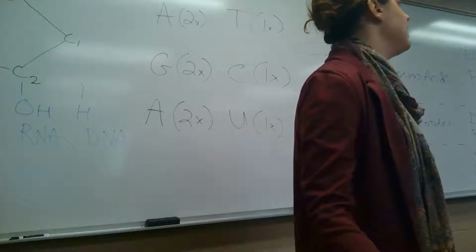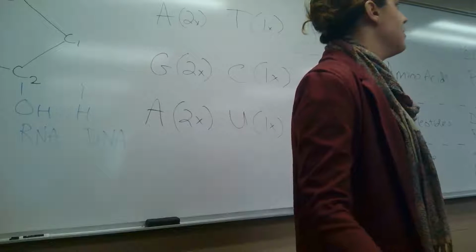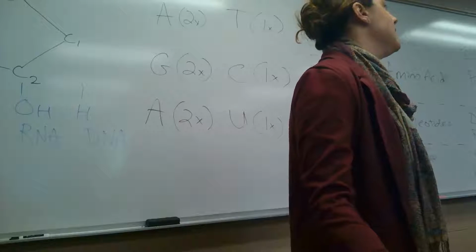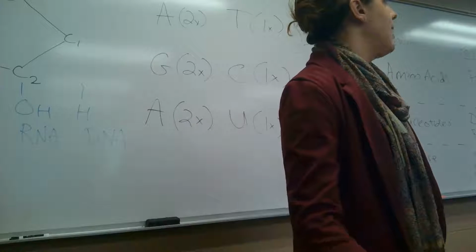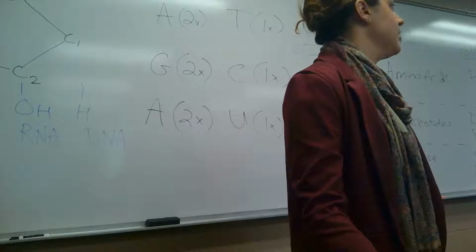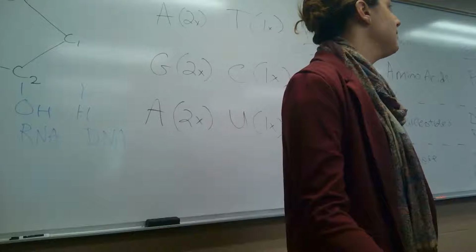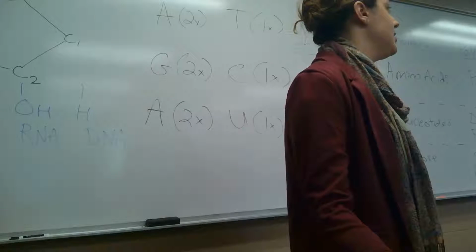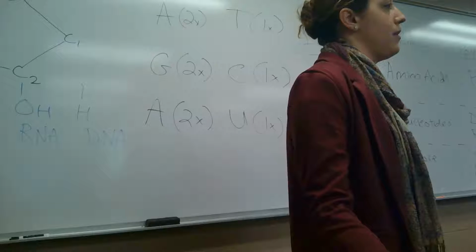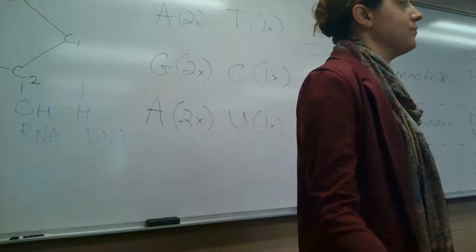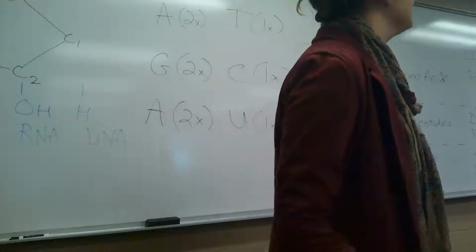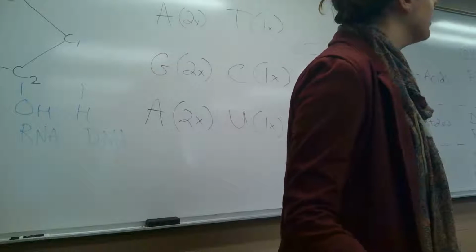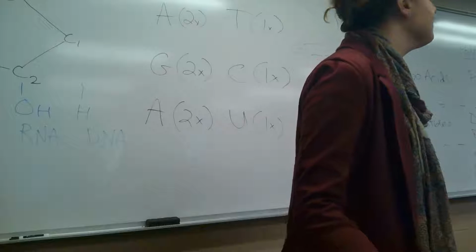Then when we look at the right side, the 5' carbon, the one that's not part of the ring, is on the bottom of the strand. If we look across here on the left, the 5' carbon is on the top. At the bottom of the strand, we have the 3' carbon. And again, I have the numbering here of the carbons.